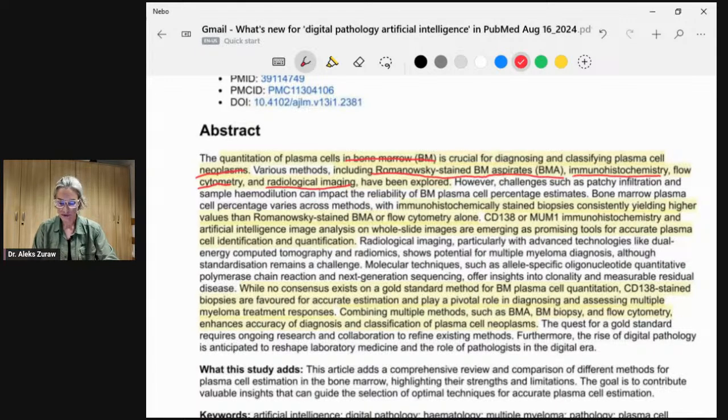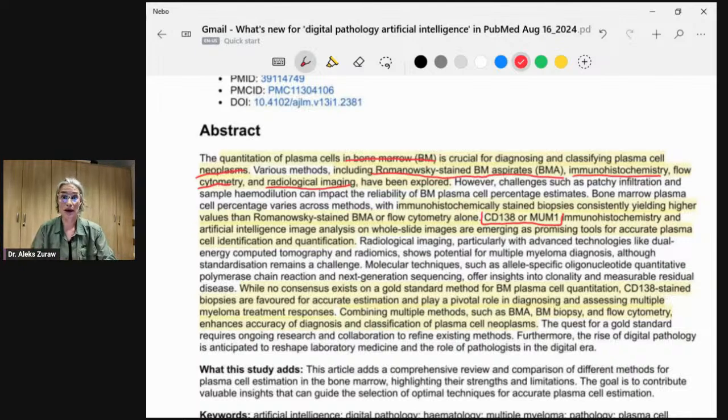And the one that is emerging to be the gold standard, even though they say there is not really a gold standard, is the immunohistochemistry, CD138 or MUM1.